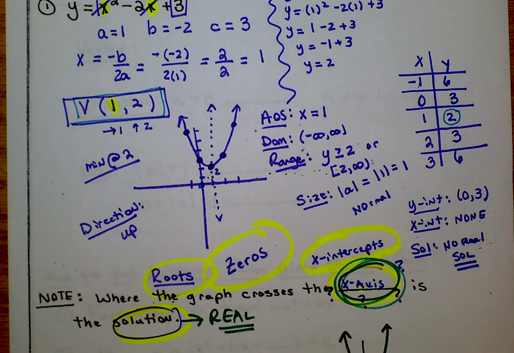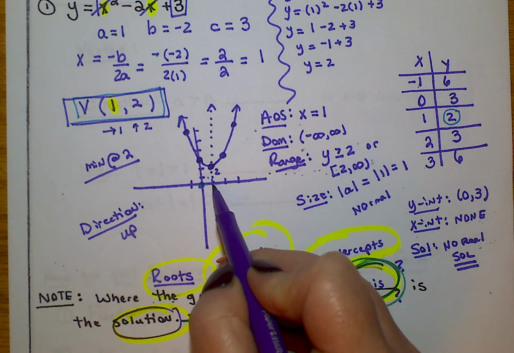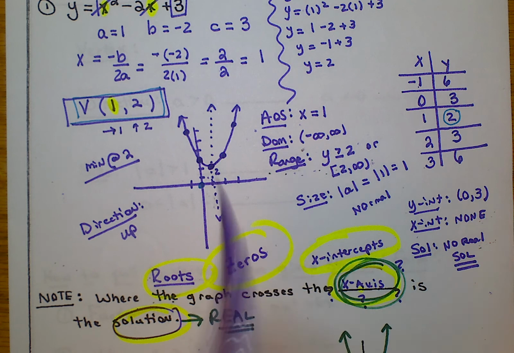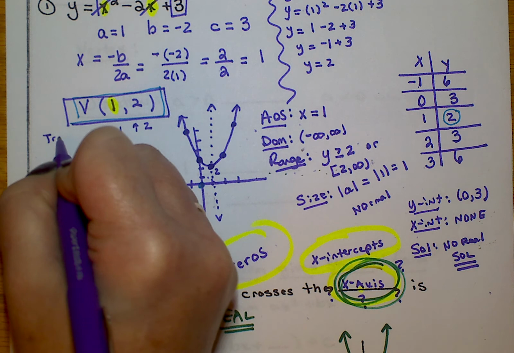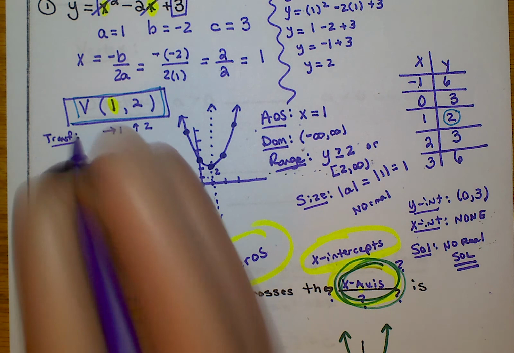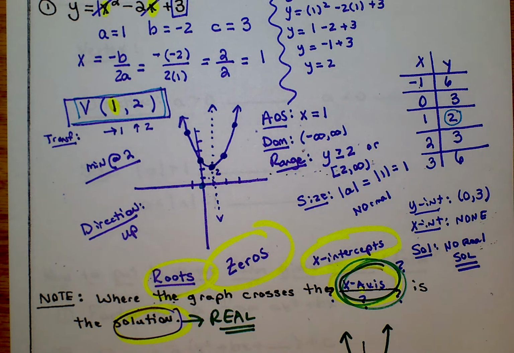Remember, it's just like a shift. You're just taking something and moving it. So from this home point, you would slide it 1 place to the right and slide it 2 places up, okay? And that would be called your transformation, how it's transformed. The size, again, was normal. The direction's up, so it's not flipping out.